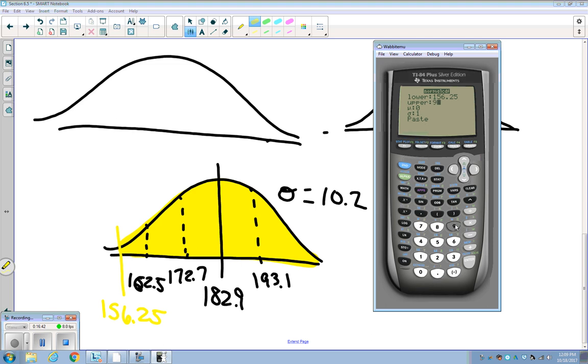My upper 9999999 with mu being 182.9 and the standard deviation being 10.2. My area under the curve is 0.9955.